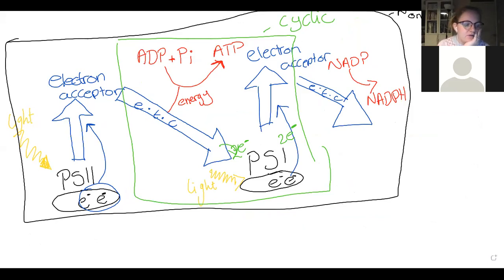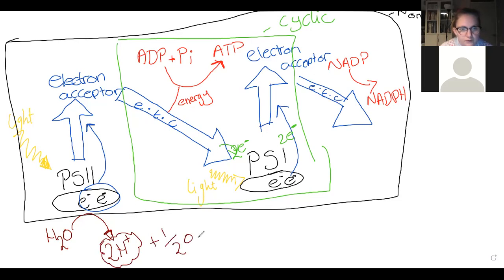That is photolysis. Let's do photolysis down here, and that happens at PS2. Here we have water, and it is split apart by that light energy, and it produces two hydrogens and oxygen.